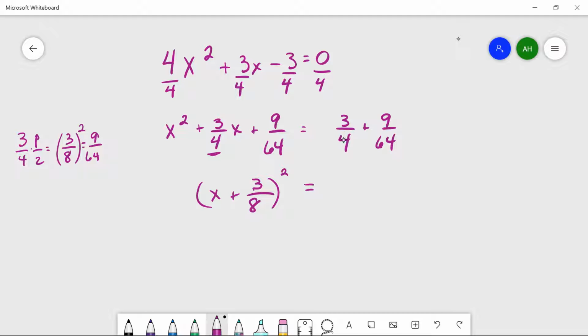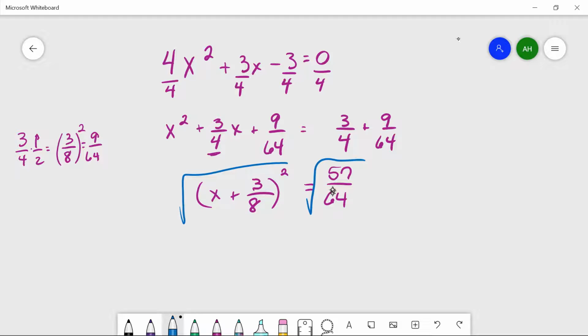Okay. If I take this right here and change the denominator into 64, I'm going to have to multiply both numerator and denominator by 16, in order to get 64. So when I add the two together, I'm going to get 57/64. Okay, now I'm going to take the square root of both sides.